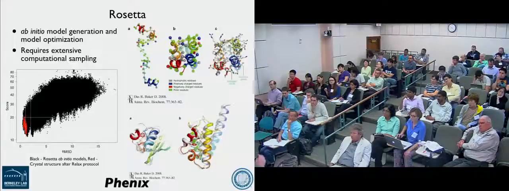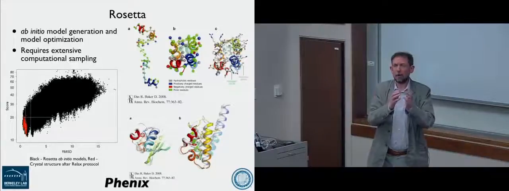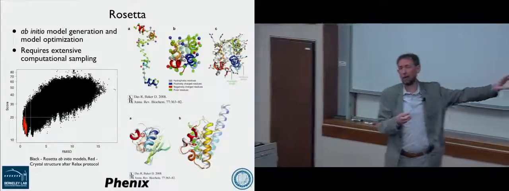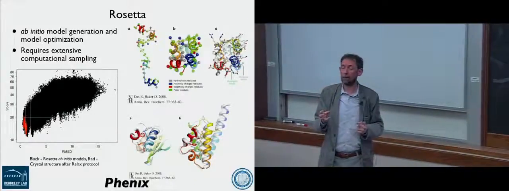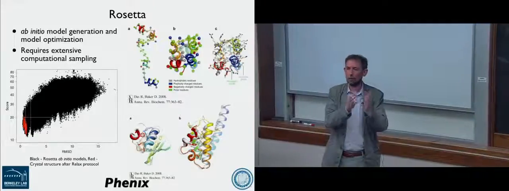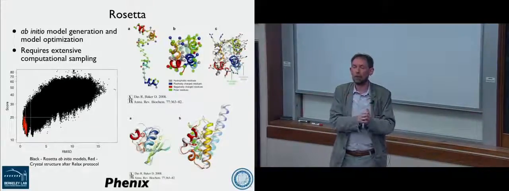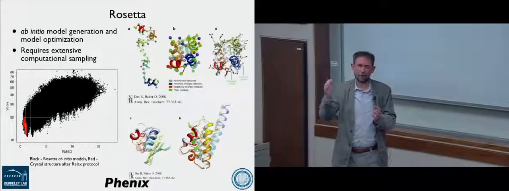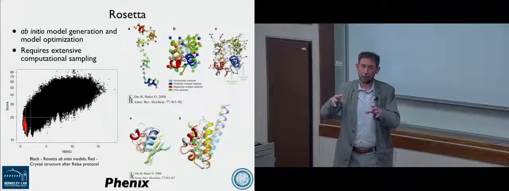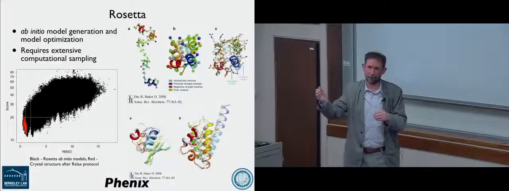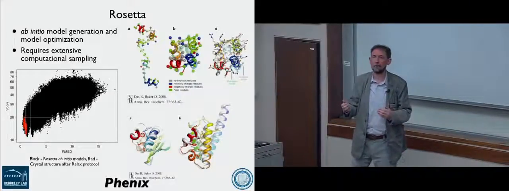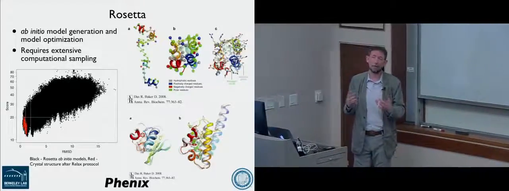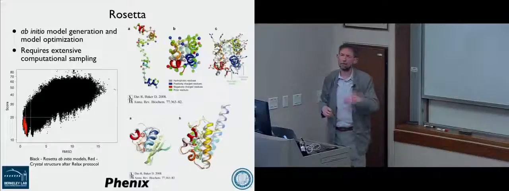If you had two domains that were autonomous folding units in a sense, that could be modeled this way, you could approach the problem that way, or if you had some fraction that you believe could be modeled somehow, you could try and at least locate that. The problem is, unless you can get above about 50% of the structure actually placed by molecular replacement, it's still going to be difficult to go further. It's just in practice what tends to happen. Unless you've got things like noncrystallographic symmetry or other things that you can use to try and bootstrap and get better phases.